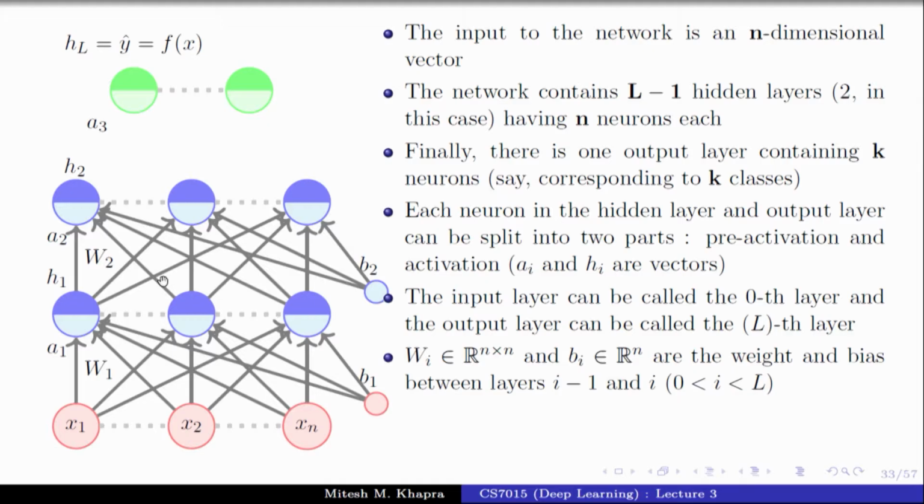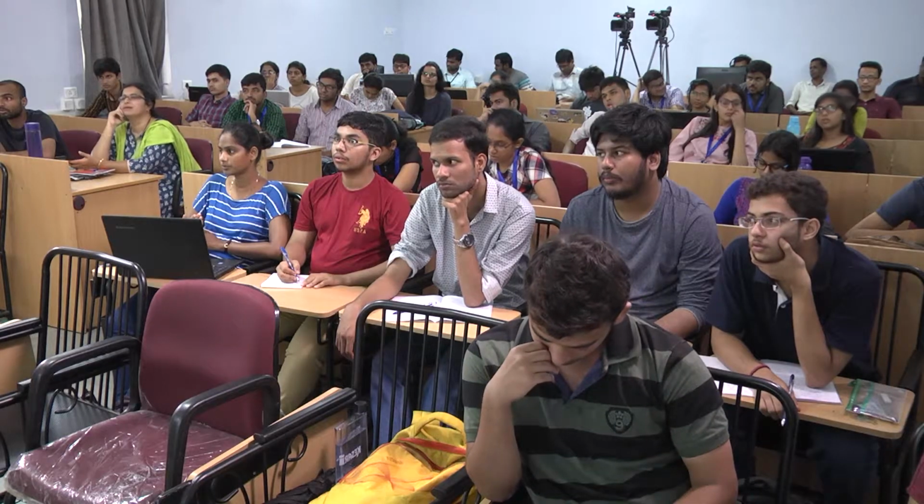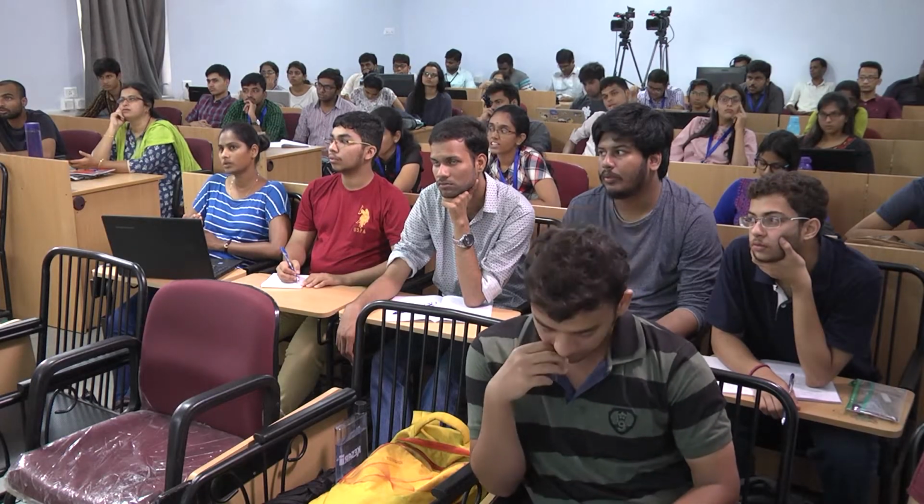N. Now, again, each of these blue neurons in the second layer is going to be connected to each of the green neurons in the third layer, or in the output layer. How many neurons are there in the output layer? K, right? If we have K classes, we have K neurons. Is that fine? Okay.